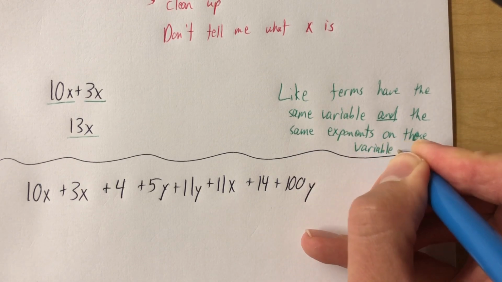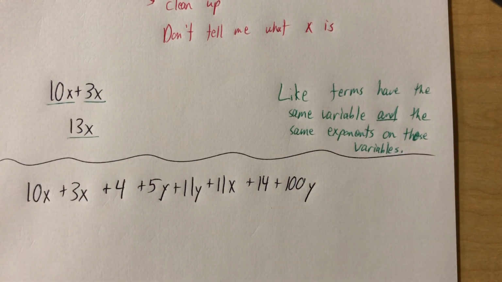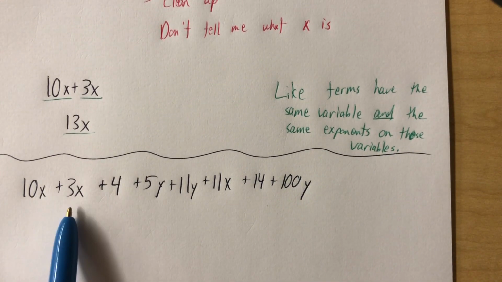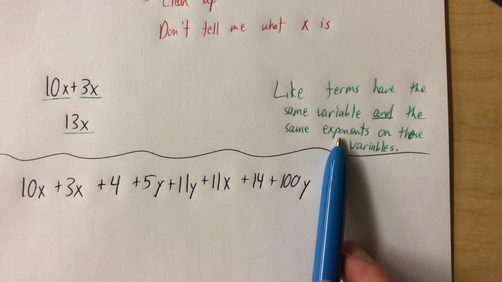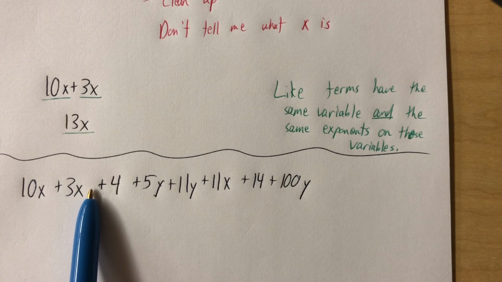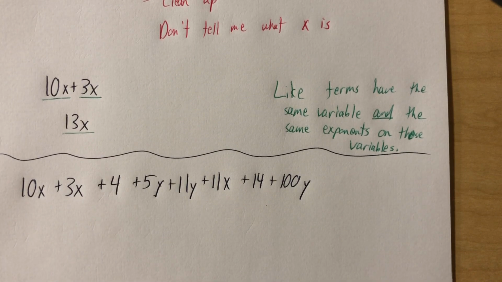We'll get to some in a minute and that will explain what this definition really means more fully. But basically, if I have an x here and I have an x here, then I'll put them together. Now, the whole exponent thing would mean that if I have an x and I have x squared, they're not alike. We'll deal with that in a minute, though. Let's not do too much at once.